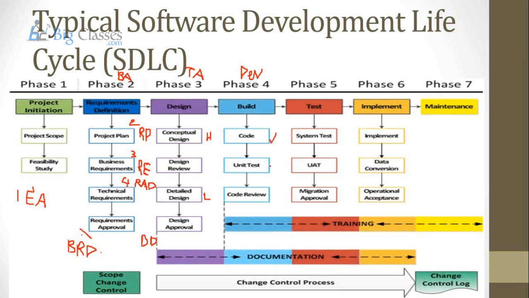And then they would also test each of those programs individually. So there is a unit test happening: each program is tested on its own to make sure it's working correctly and is functionally right.